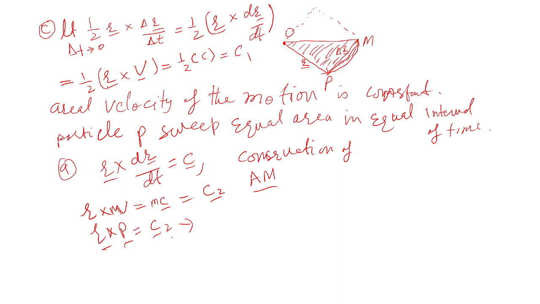The conservation of angular momentum is the physical interpretation, and the geometrical interpretation is that equal area is covered by the particle in equal intervals of time.